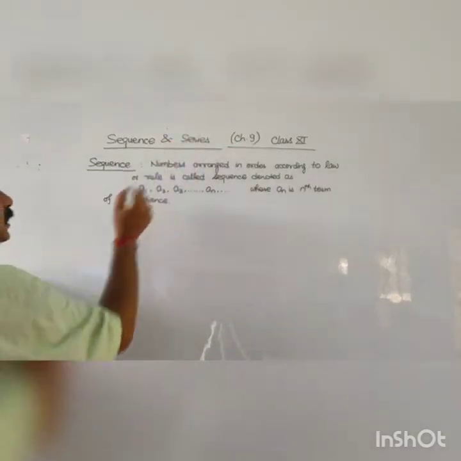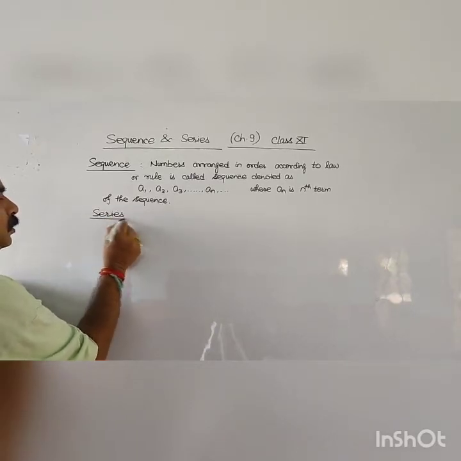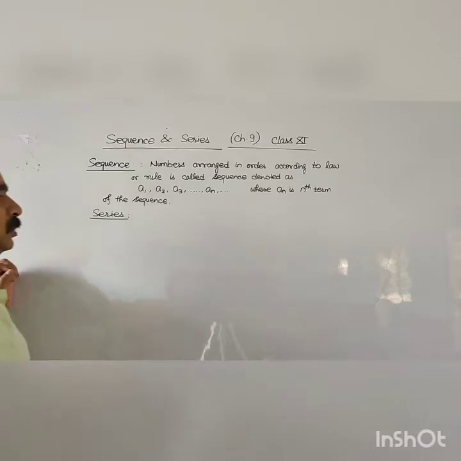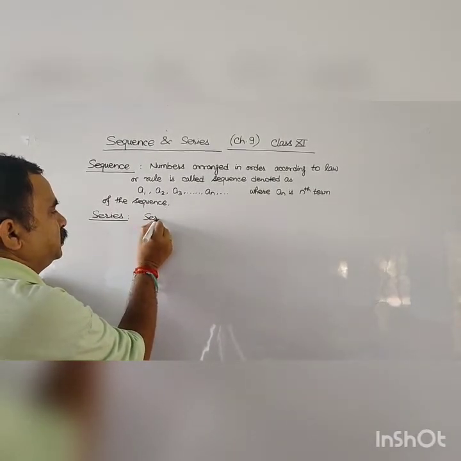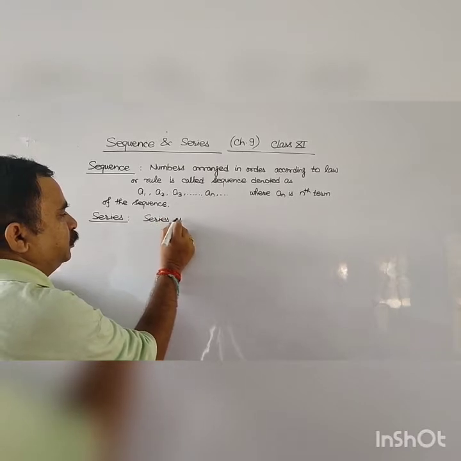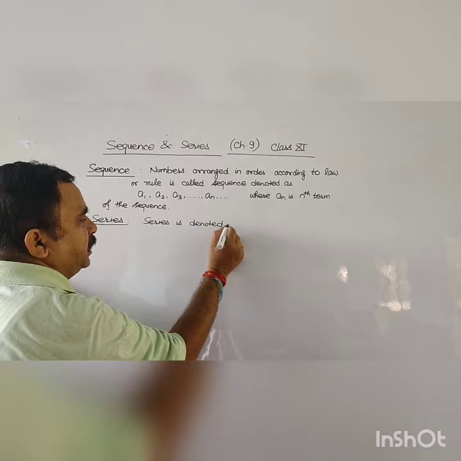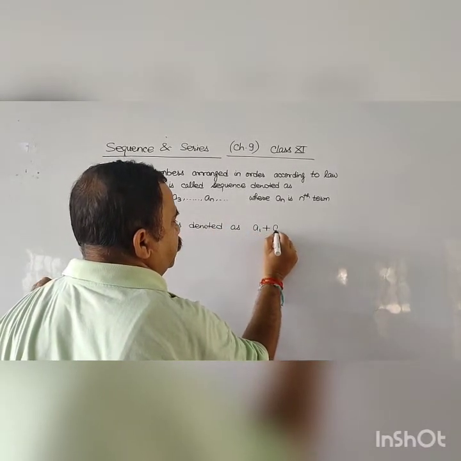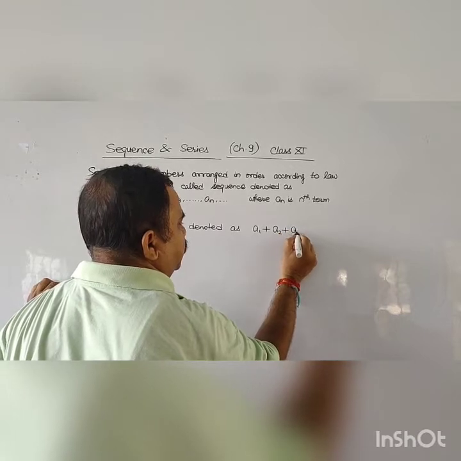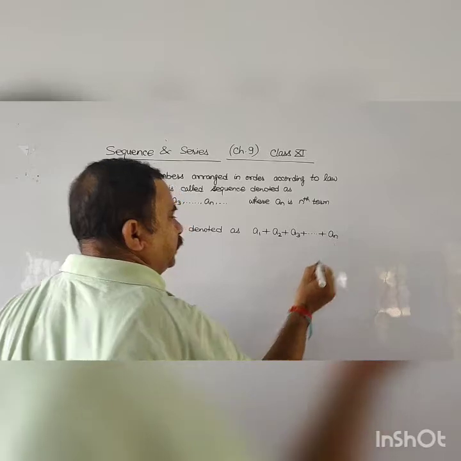And next thing, what is series? Series is denoted as A1 plus A2 plus A3 plus and so on plus AN.